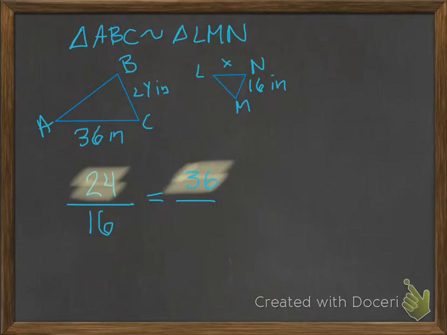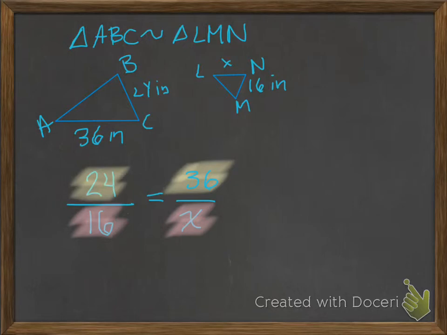So they've got to match up. Then we have 16 from the second triangle, which means we need X from the second triangle. We'll highlight those in pink. In yellow we have the first triangle's information, and in pink we have the second triangle's information.